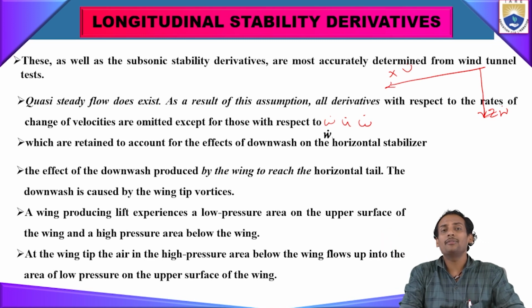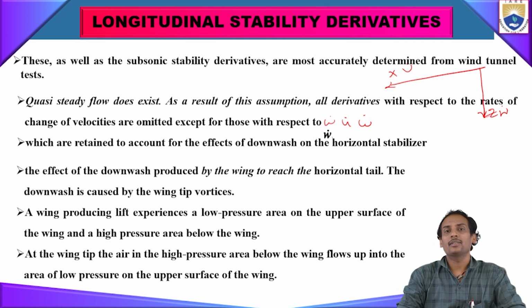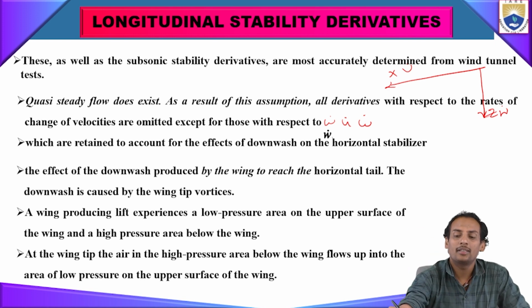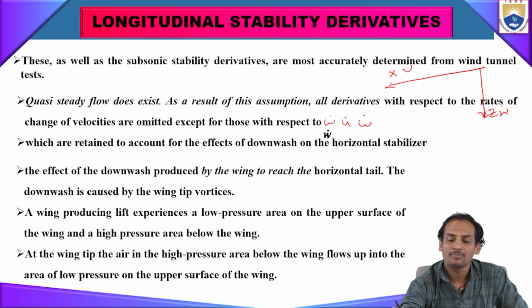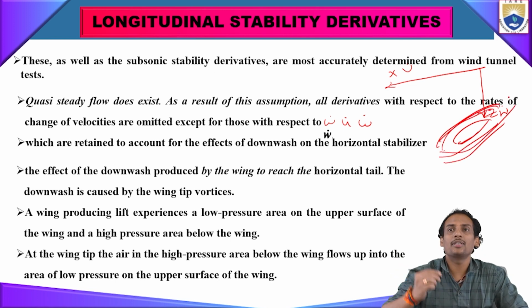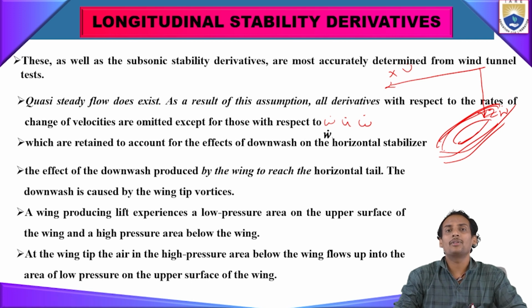That we already saw in the aerodynamics of aircraft. Due to the aerodynamics of the aircraft, the flow over the wing will be deflected, and due to that flow deflection only, the pressure changes will happen. So due to those pressure changes, the aircraft will fly.